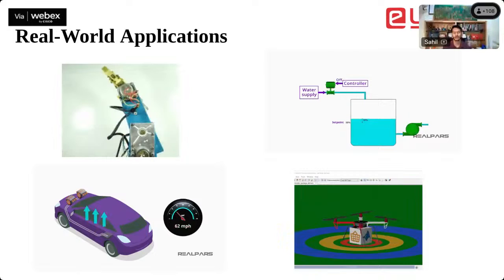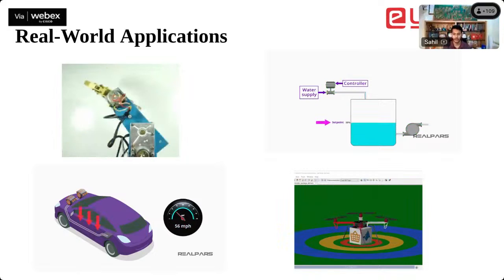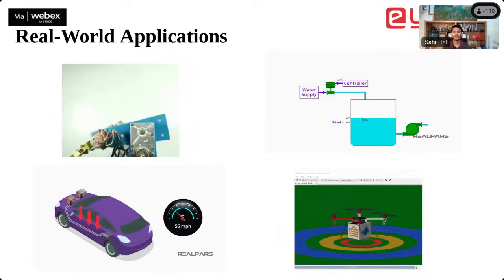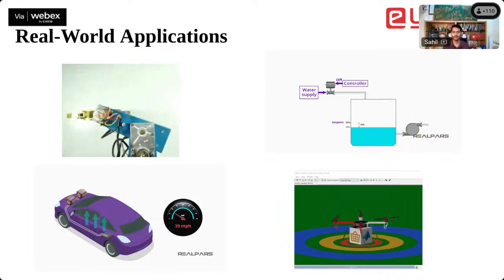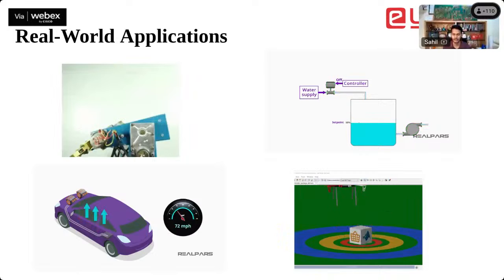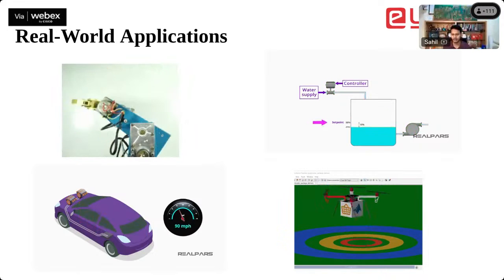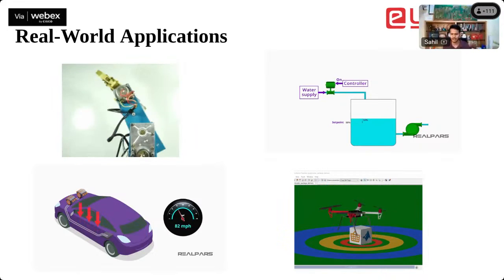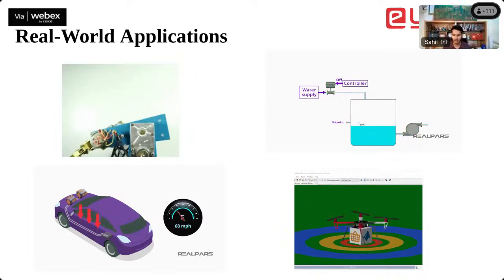Now, we talked about how we can tune the PID with trial and error. But let's see how basically we can tune PID in the real world. Consider you are in a room listening to a music system, and the speaker sound is too much. You have to adjust the bass, treble, and the volume of your speaker.